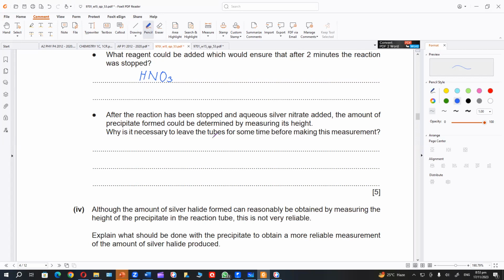This looks to be a bit of a common sense question, because chemical processes do not complete suddenly, quickly. We should give some time so that precipitation completes.